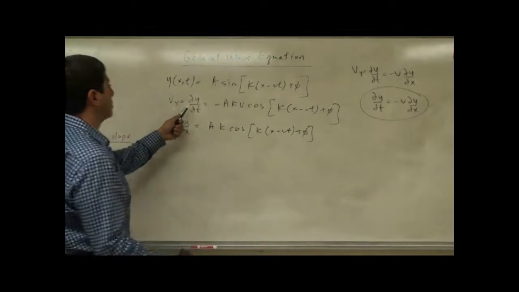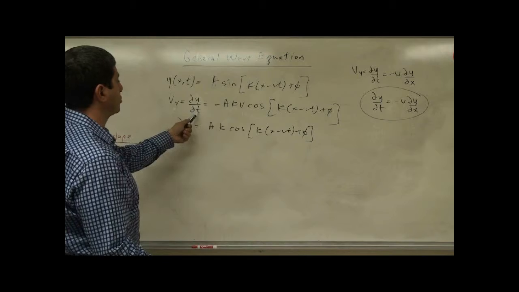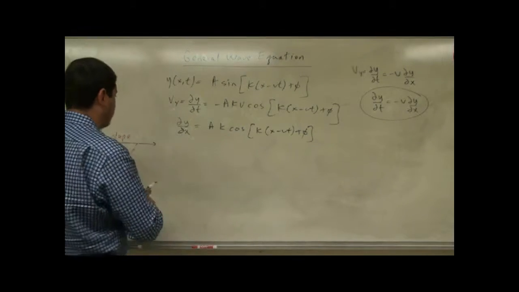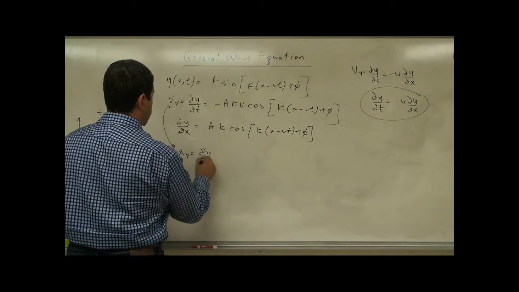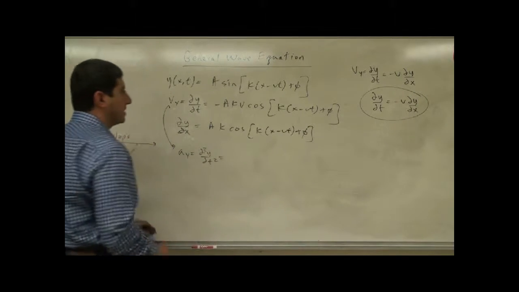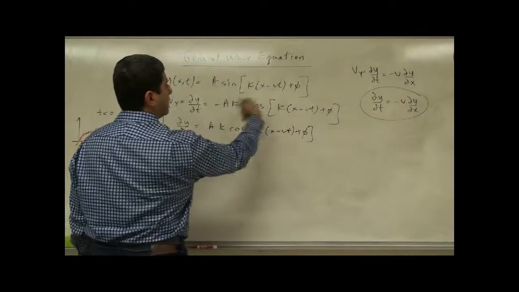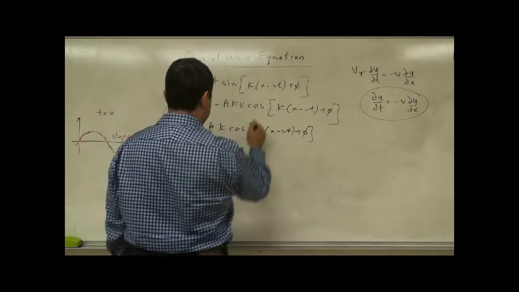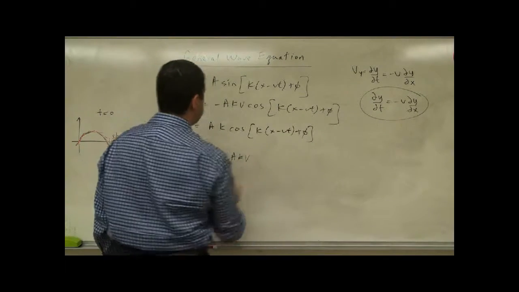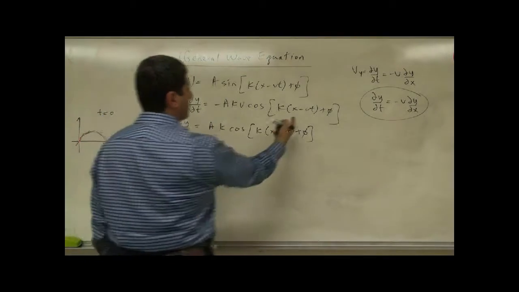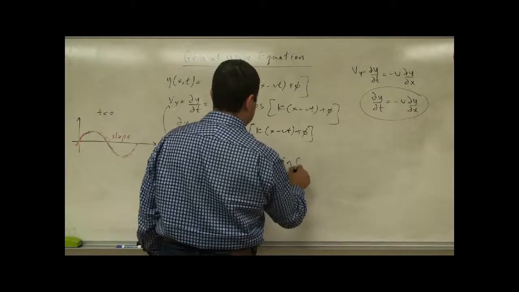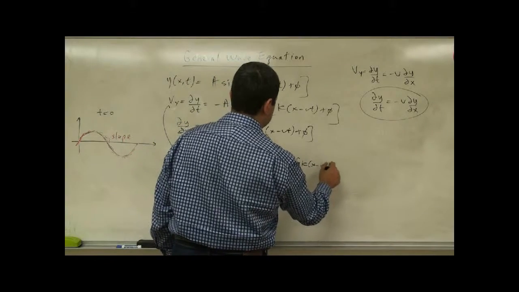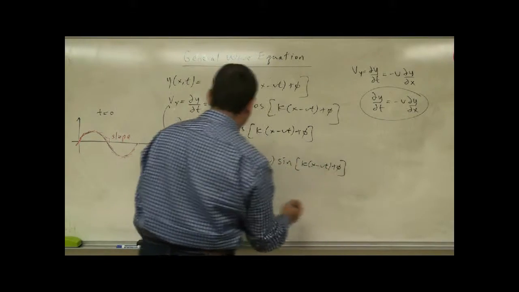So take the partial derivative of y with respect to t one more time, and you get a_y, partial squared y partial t squared, and then the negative turns into a negative sign, so it's going to be A k v, and then another k v is going to come out, so it's going to be sine of (kx minus vt plus phi), and we've done that before.